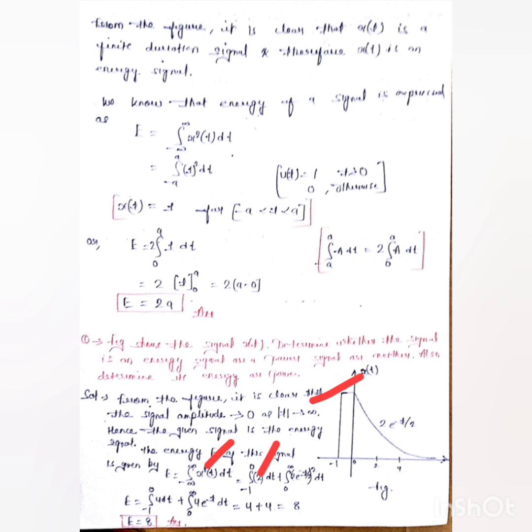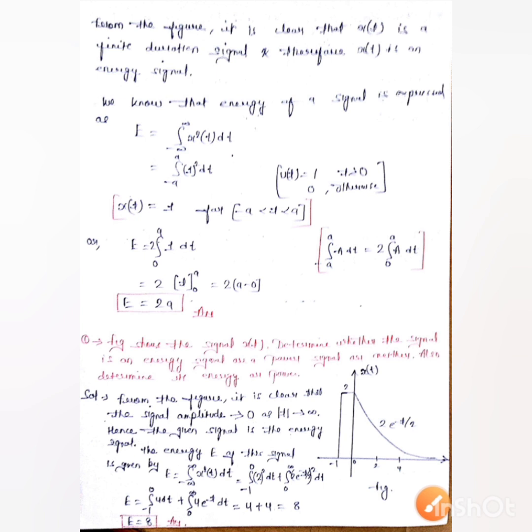Now from limit 0 to infinity, we get the exponential expression 2 e raised to the power minus t by 2. We simply put it here and square it, and after solving the constants we get 4 e raised to the power minus t.